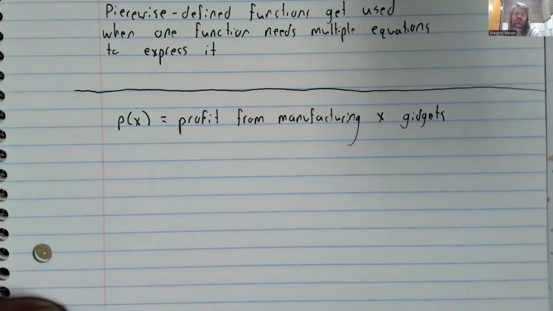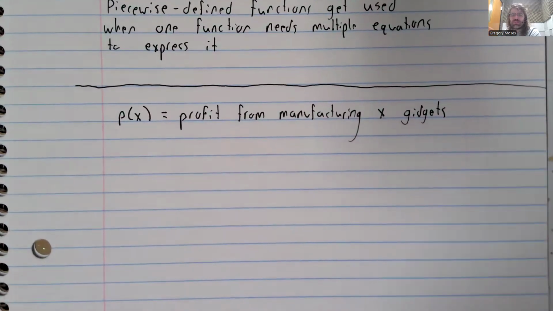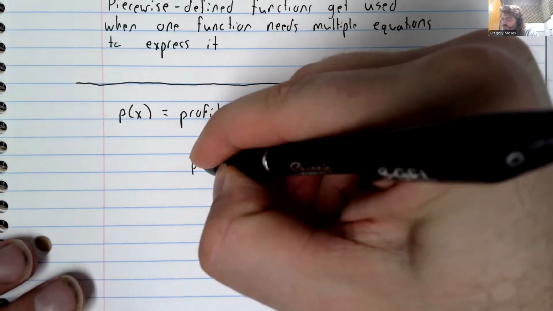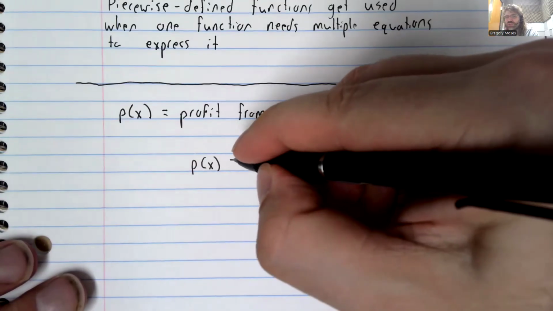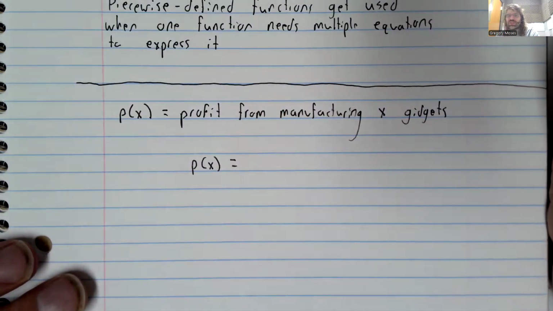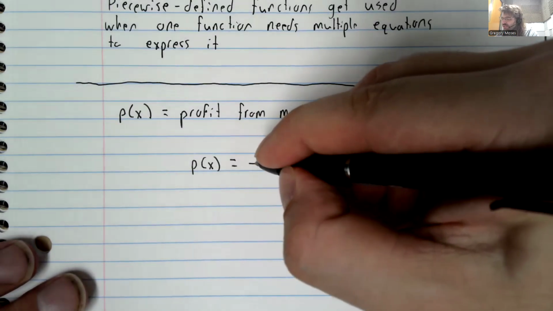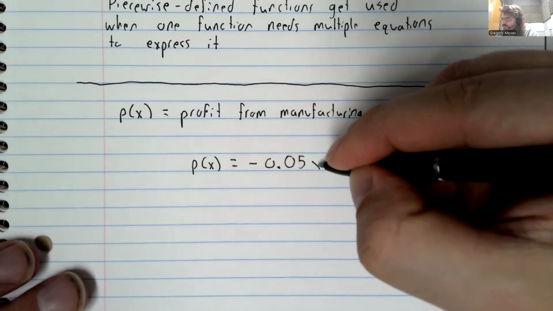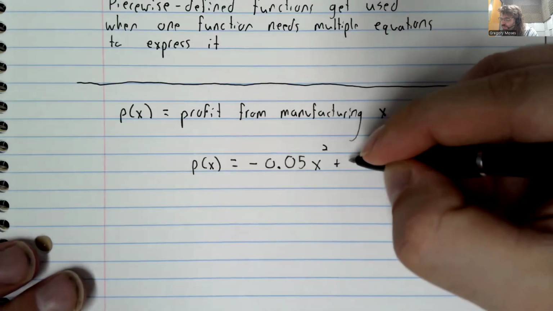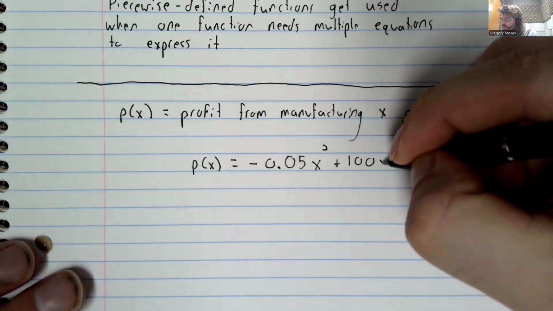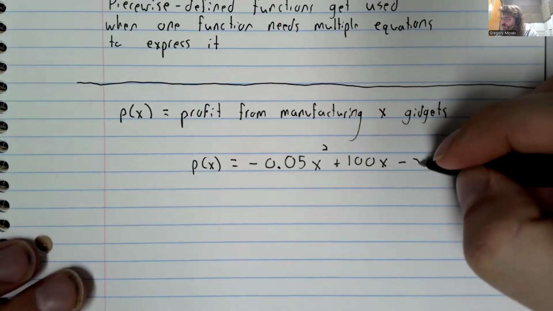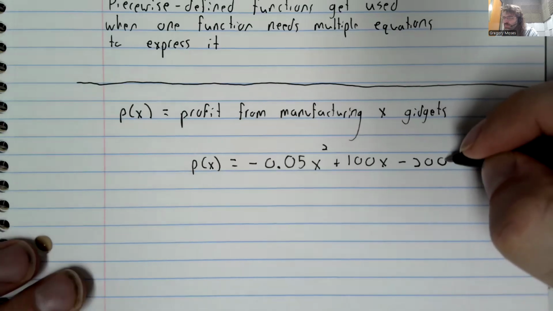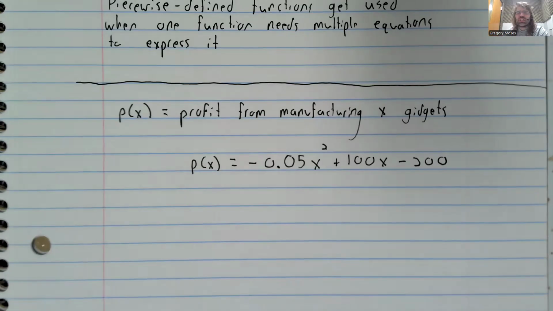You manufacture and sell them. But this is just the profit you get from creating gadgets. And, no real effort to make this realistic. But maybe you have a function like this.